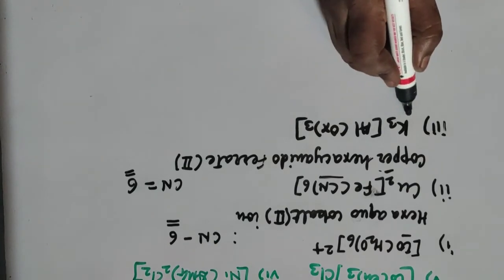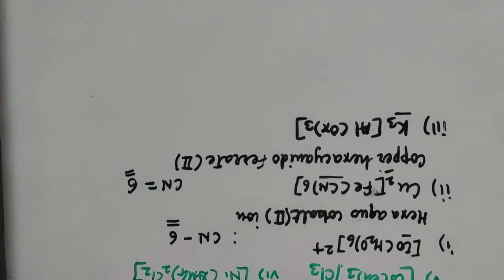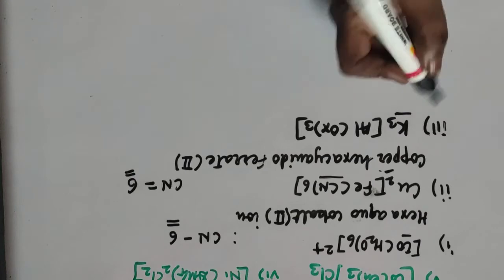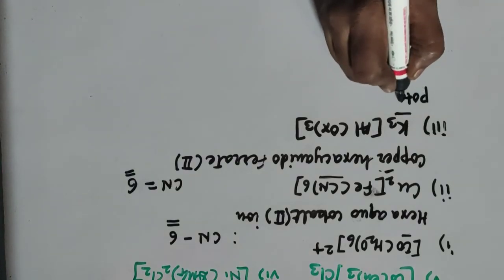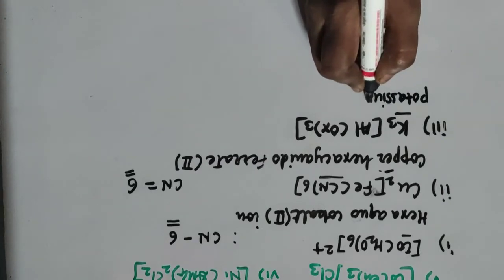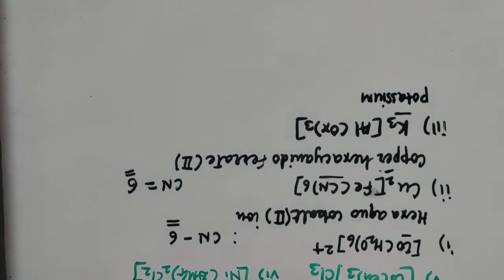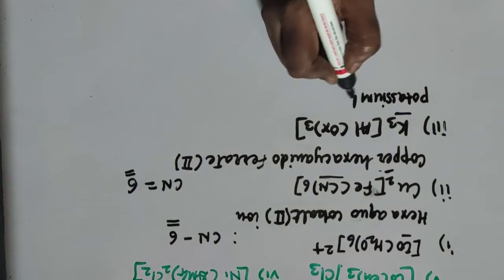As the counter ion is a metal, the sphere acquires negative charge again, so it is an anionic complex. So first write the name of the counter ion, potassium. Then 3 oxalato ions are there, so this is tri.